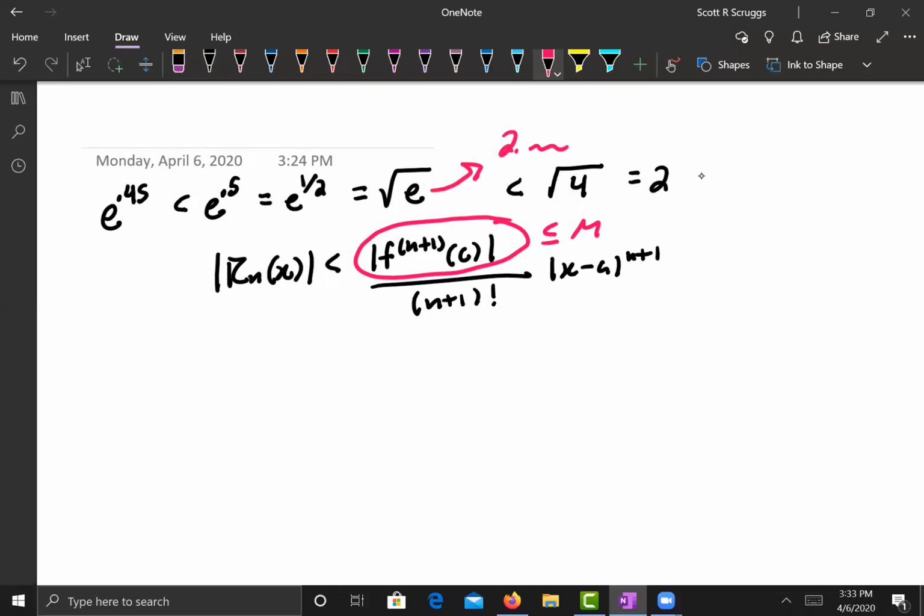Yeah, it's that weird equation with c in it. You're exactly right.